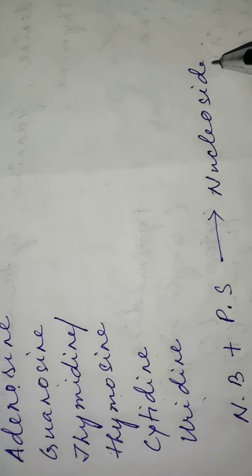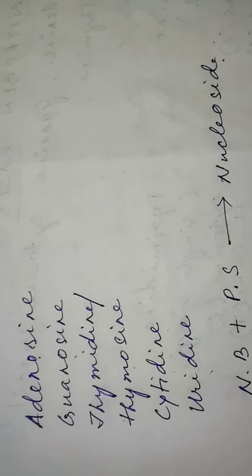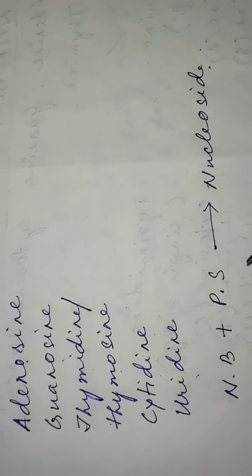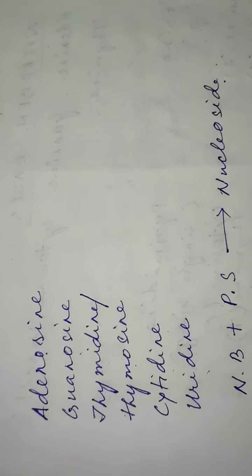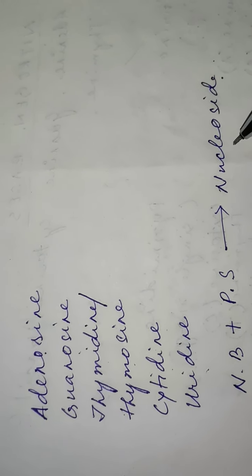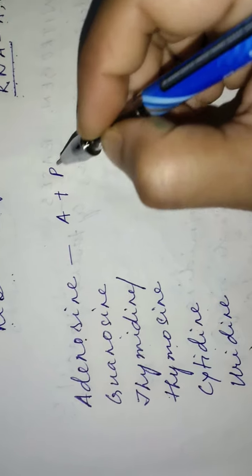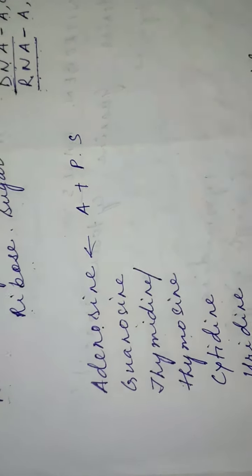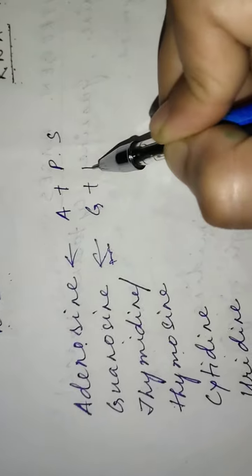Now there are 5 nitrogenous bases, so if the nitrogenous base is adenine then its nucleoside will be adenosine. Its formula will be adenine plus pentose sugar. For guanosine, guanine plus pentose sugar.